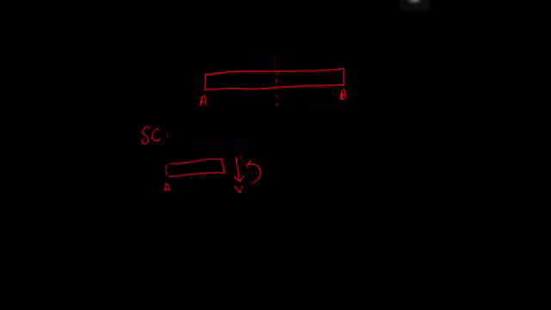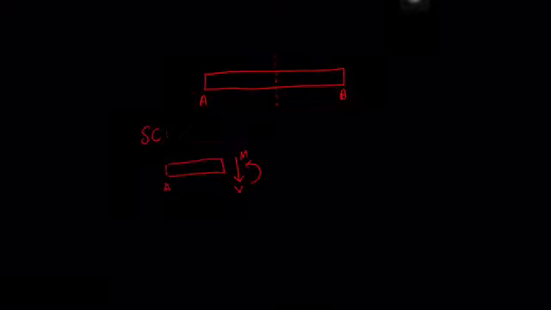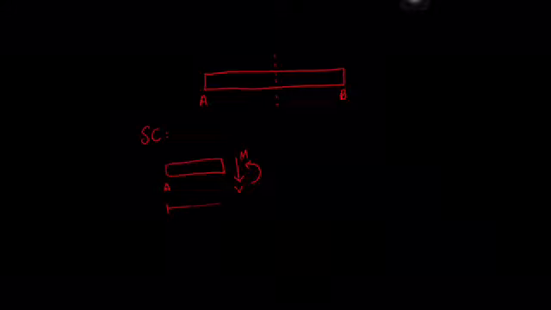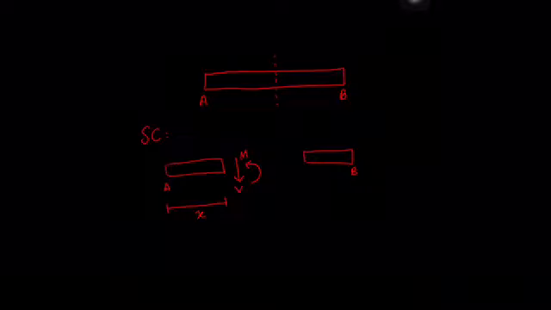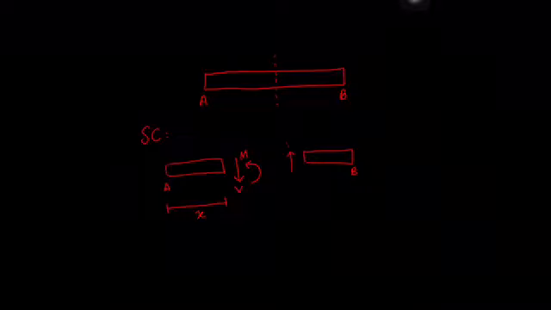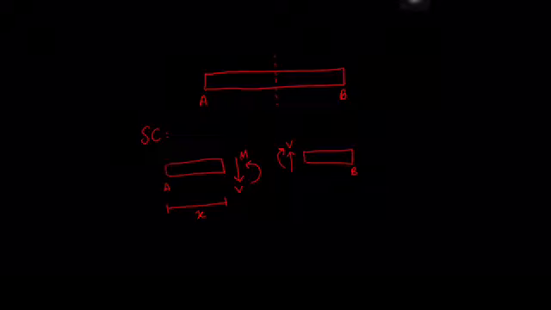So the sign convention: if you take from point A, then your V, which is the shear, will go downwards, and your moment will go counterclockwise, and the distance we call x. If you take from point B, your V will go upwards and your moment will be clockwise.